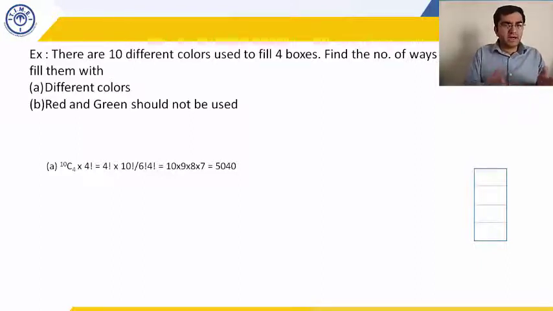We have basically understood 2 ways of solving a question in which selection and arrangement both are happening. One way is to say that first box can be filled in 10 ways, second box in 9 ways, third box in 8 ways, fourth box in 7 ways. And the second interpretation or way to solve is select your 4 colors and then arrange them. Please write this down.